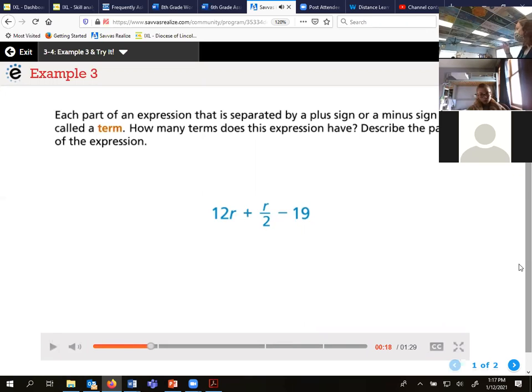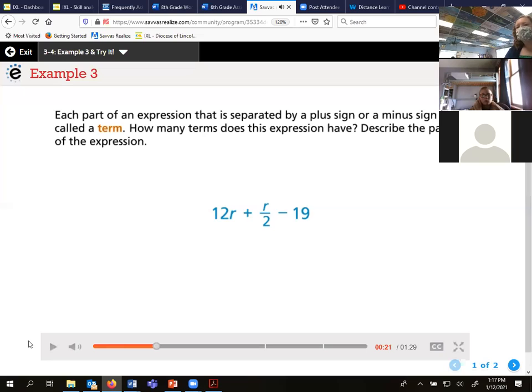How many pieces does it have that's separated by plus or minus signs? How many different pieces does it have? Yeah. 3. It's got a 12r, an r divided by 2, and a 19. Okay, 3 parts.